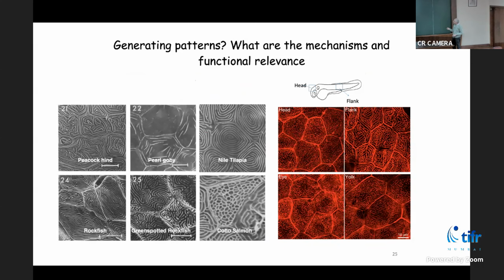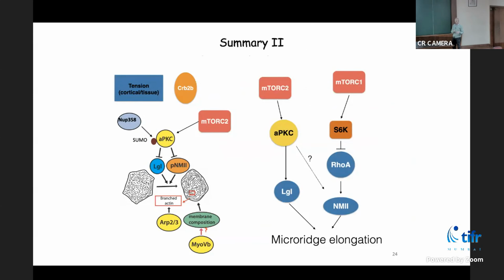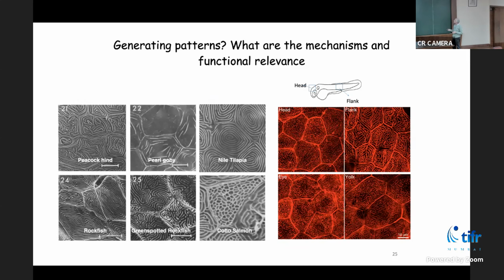So what is more interesting actually, although it's not a story in a way, is something that we are taking ahead. And this is where biologists will have to talk to people who are working beyond biology, like physicists and theorists. Is this question: these microridges actually form a variety of different patterns on the cell surfaces.